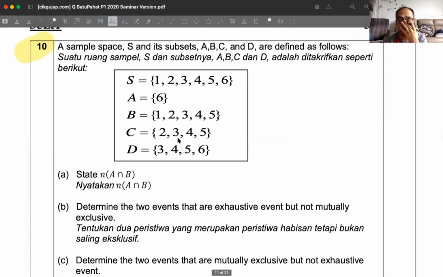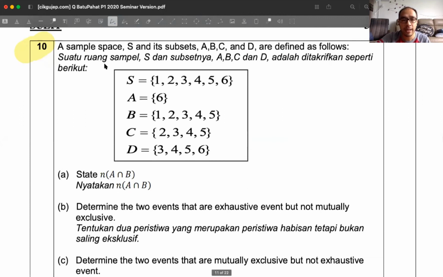We have found that in paper 1, all the non-routine questions ask you very, very basic stuff. Think about question number 1 just now. It basically asks you to understand what standard deviation is. No calculation, nothing complicated. You just have to understand the meaning of the things that you are studying.